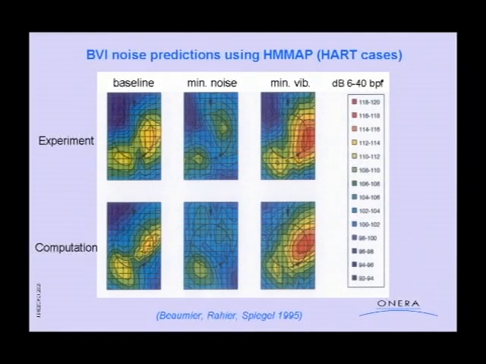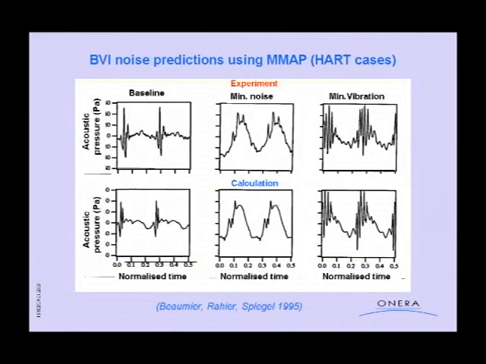And as you can see, the comparison is very good in terms of absolute noise level and directivity. We have also some comparison in terms of time signatures of the rotors for the same cases at maximum noise location.